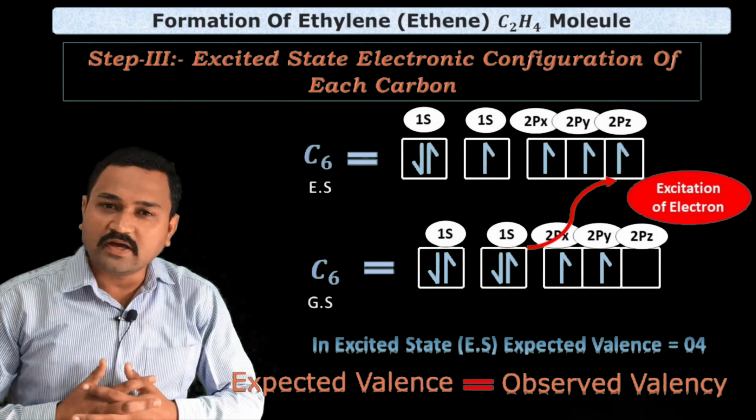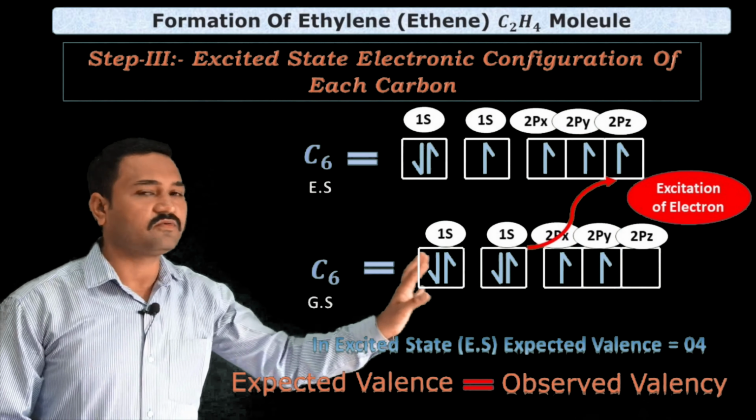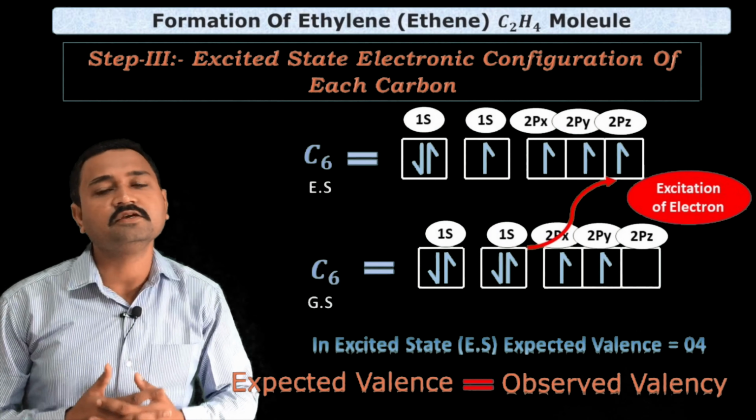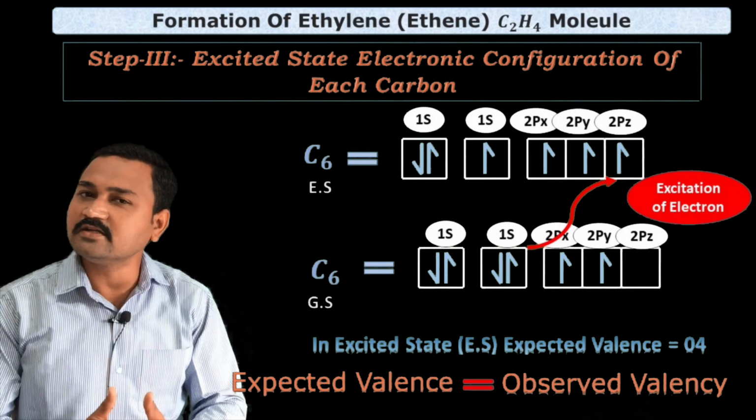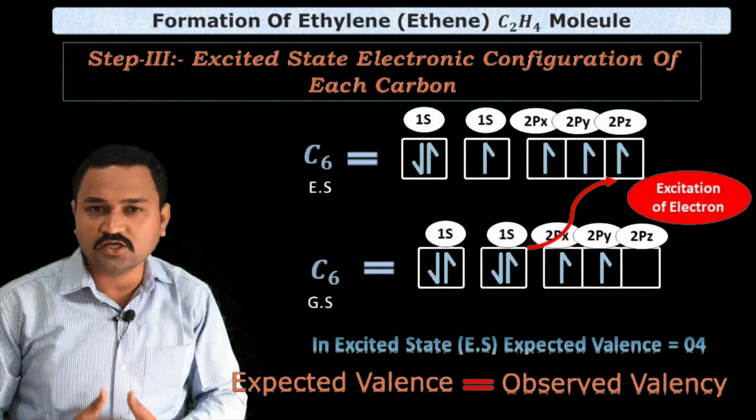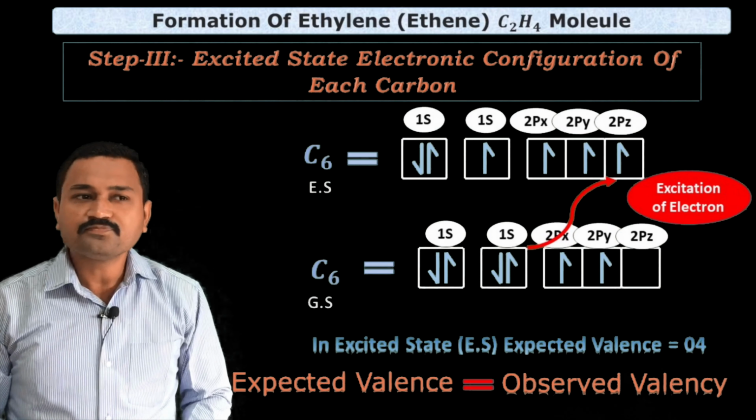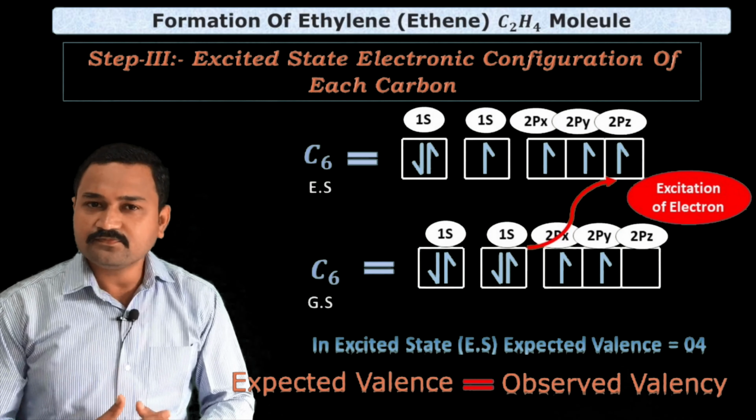So here the expected valency is equal to the observed valency, and this leads to the excited state formation for each carbon atom.